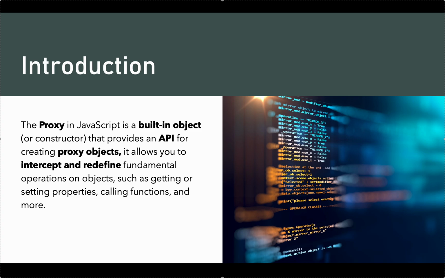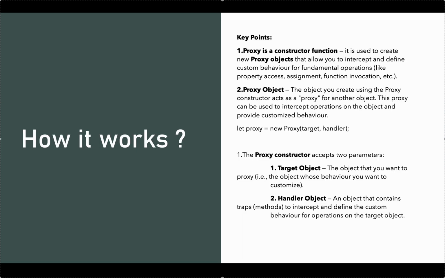So what it does is create a proxy object on behalf of the original object. And how it does that is by providing various methods which are actually called traps. So let's dig deeper. How would you create a proxy object? This is the constructor, new Proxy. It provides this constructor function to create the proxy object, and it expects two parameters.